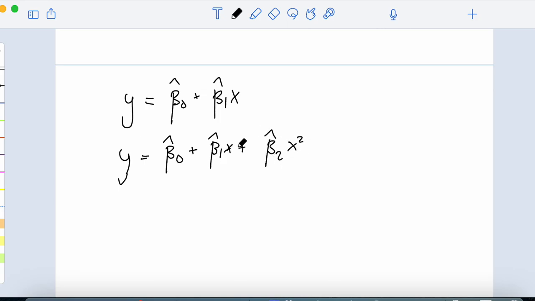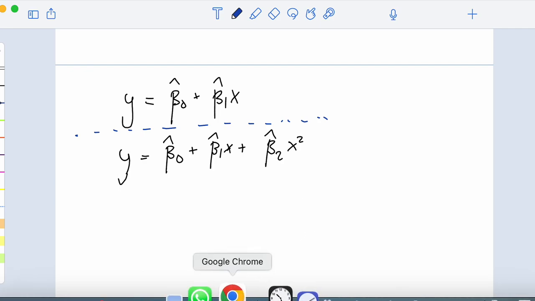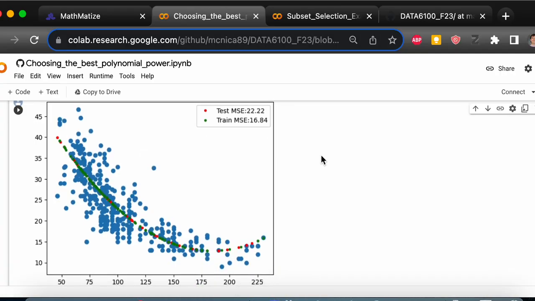And once again, same warning as last class. Even though these 2 things are called beta hat 1, you should think of them as completely different things that have nothing to do with each other, right? So this model and that model are completely different models. This beta hat 1 and that beta hat 1 will now be completely different. Okay, and if you look at it, you'll see what happened is that the training error went down by quite a bit.